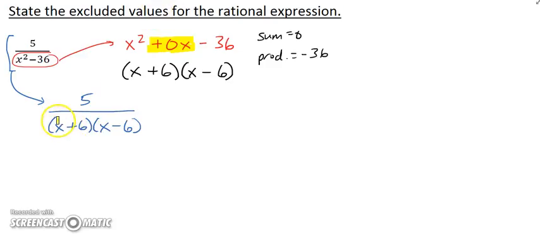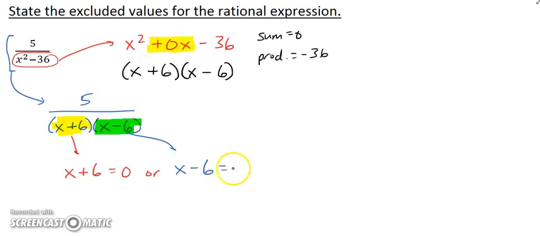And again, if this factor is equal to 0, then we're going to get 0 on bottom, and that's bad. Or if this factor is equal to 0, we would get 0 on bottom, and that's bad. So find those bad x values.